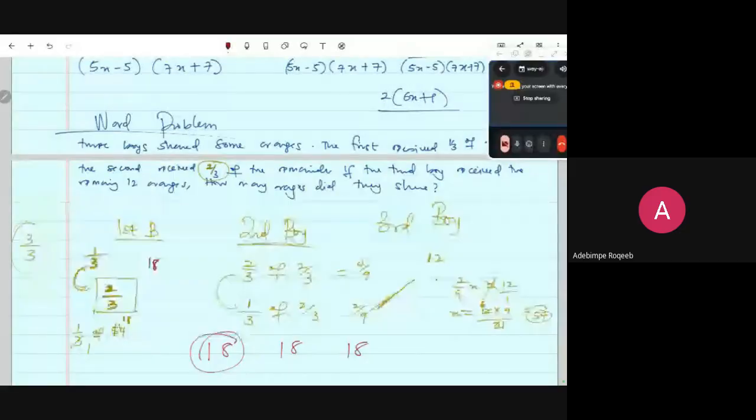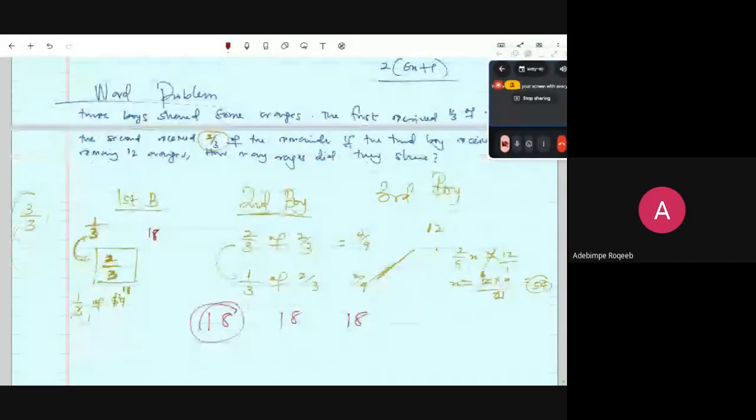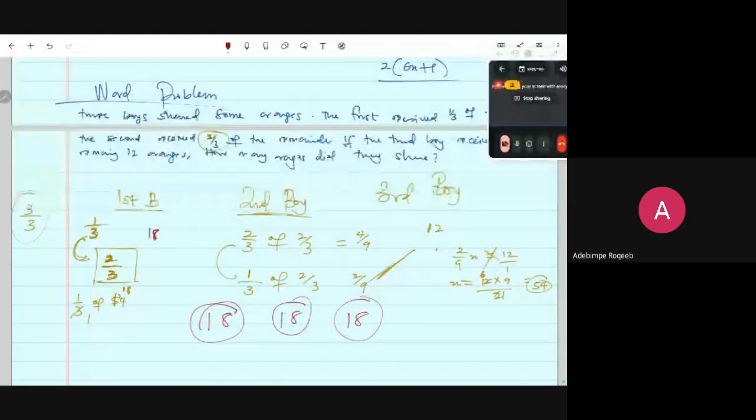He collected 1 over 3. Now, this second boy collected 2 over 3 of the remaining. The remaining is 18 plus 18. What is 18 plus 18 first? Let's start by doing that. 36. Have you got it? Good. 36.